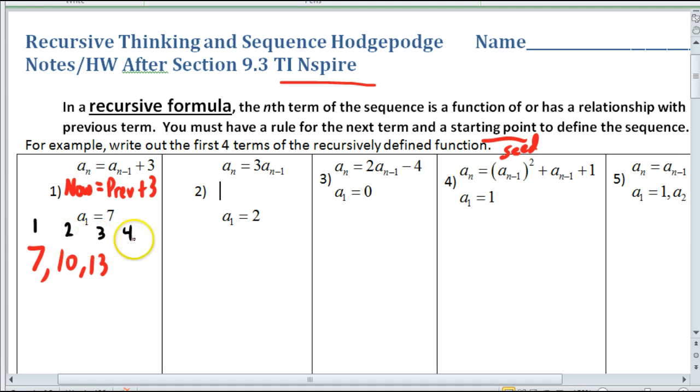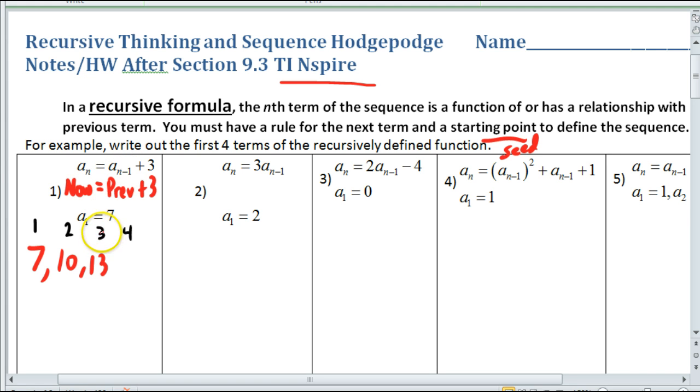I call these my locker numbers. They're like lockers out in the hall, and inside each locker I have these terms. Some students want to subtract 1 from what's inside the lockers. No, this n minus 1 is a subscript and just means the previous locker number.